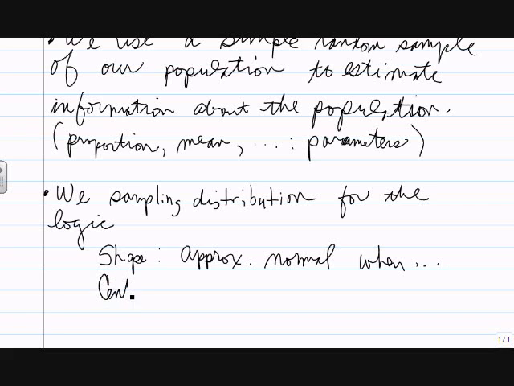What's the center of our sampling distribution, whether it's normal or not? It's the mean of the population. So I'll say the center of our sampling distribution, mu sub x, is the population mean.